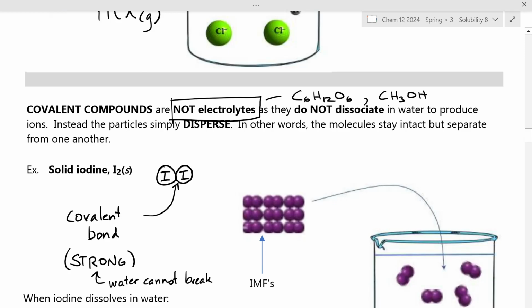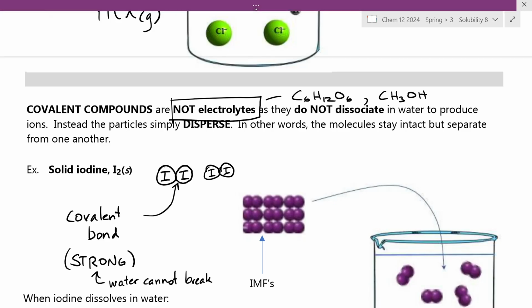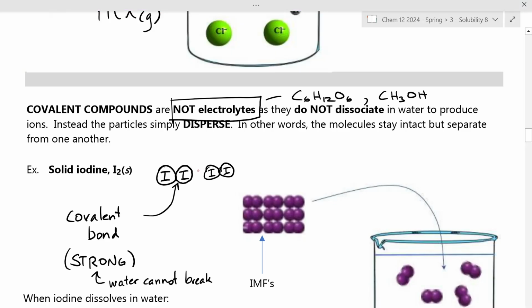However, what's happening in between one I2 molecule and a neighboring I2 molecule? What kind of force or interaction or bond is that?